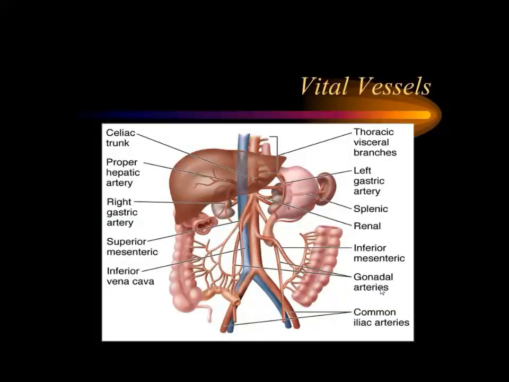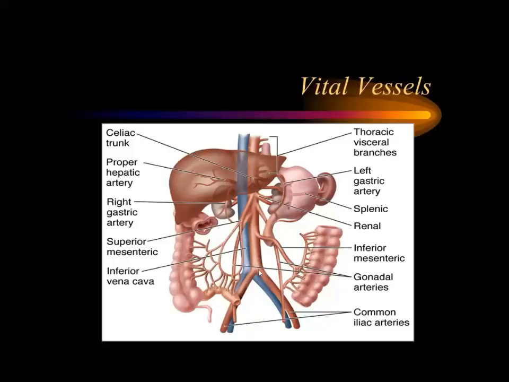Blood vessels, there's a whole bunch of different things in here, but basically every organ has at least two blood supplies coming to it. Not going to really bore you with all that stuff. But the big thing to draw a conclusion on is the aorta and the inferior vena cava go straight through all the abdomen.